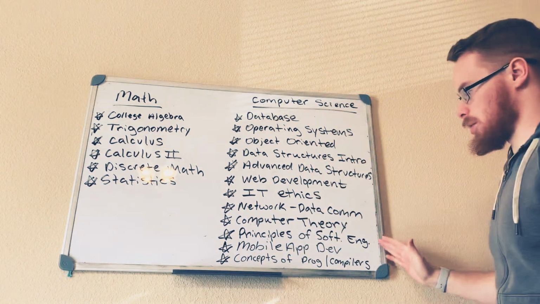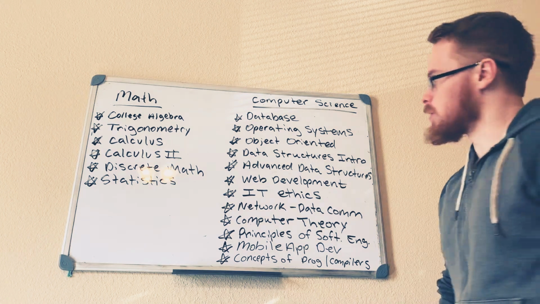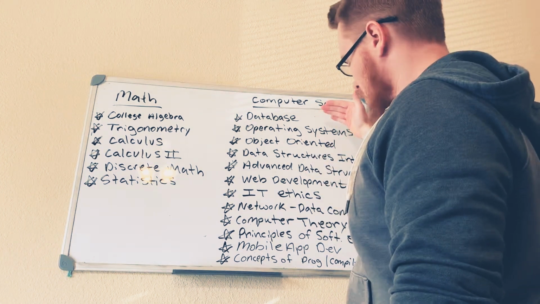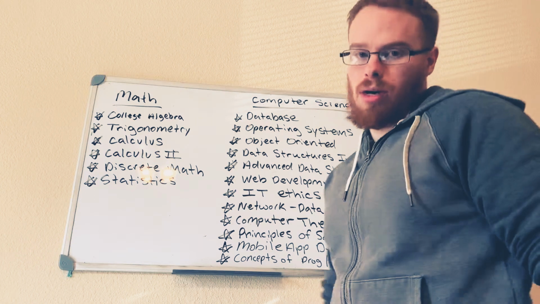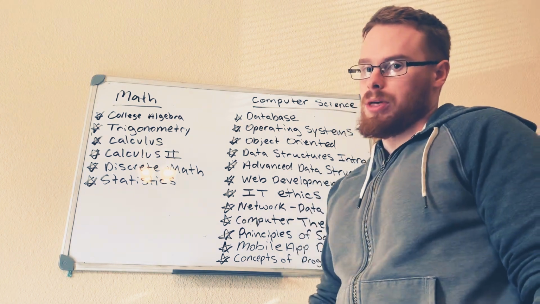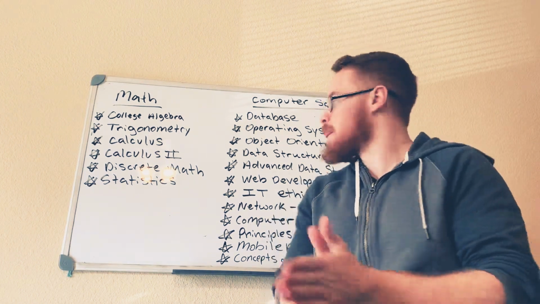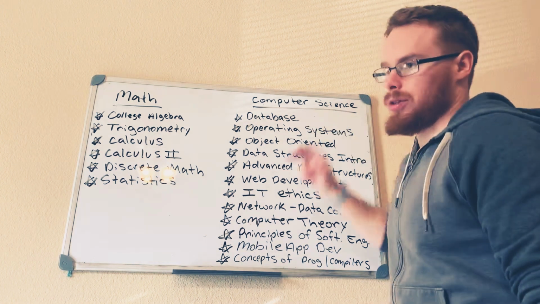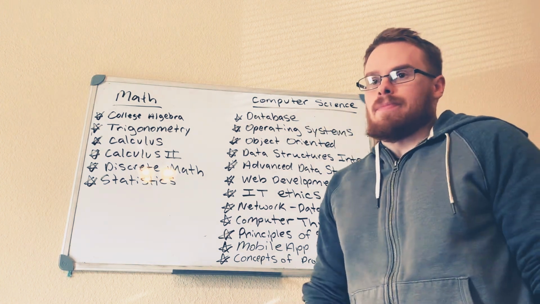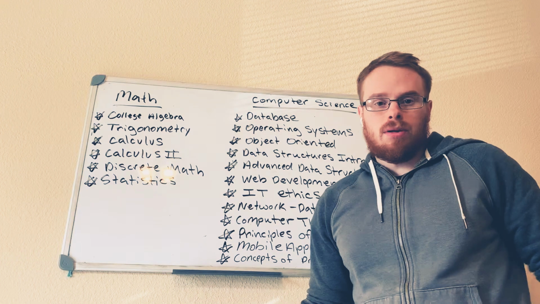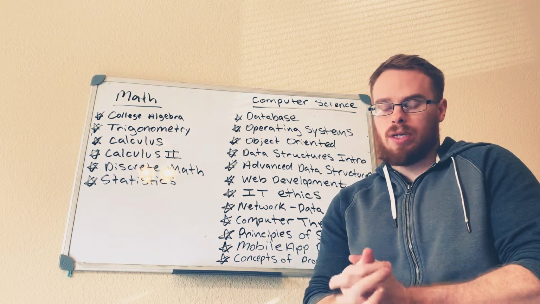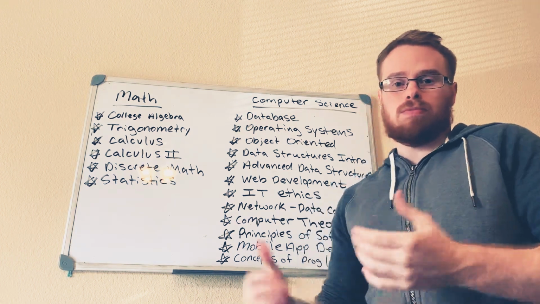So here are the computer science courses I've listed. I don't want to say all of them, but these are the main ones that you'll hear of and that you're usually going to have at your university. Database: you're usually going to do a database processing class. We did MySQL, so that was an easy class.